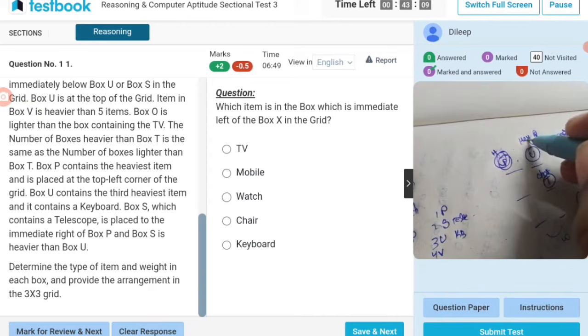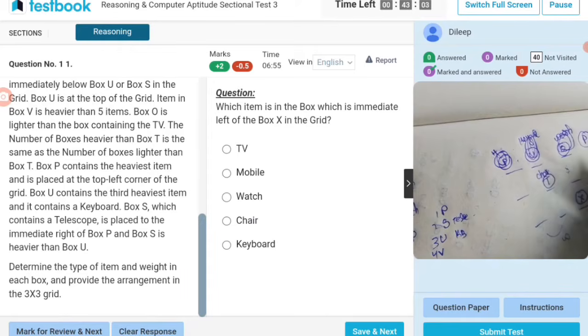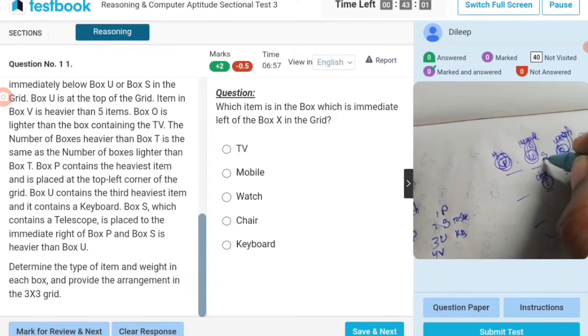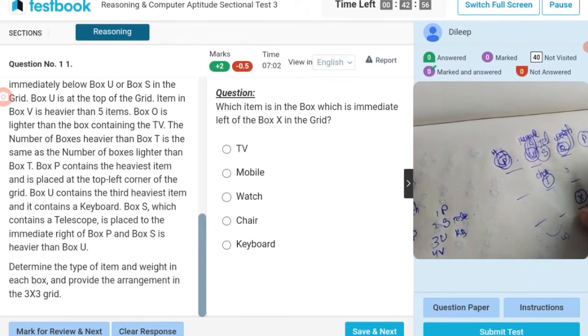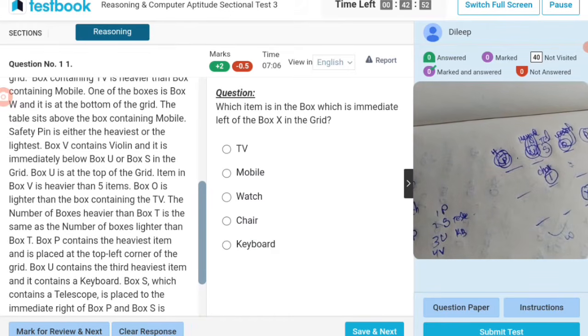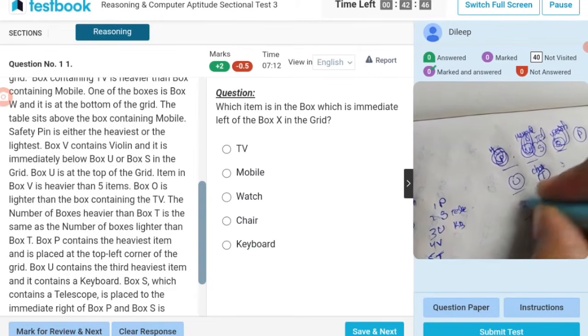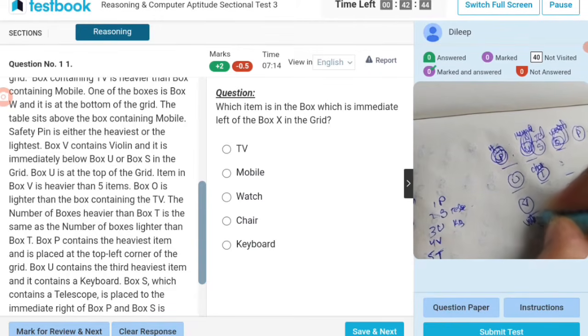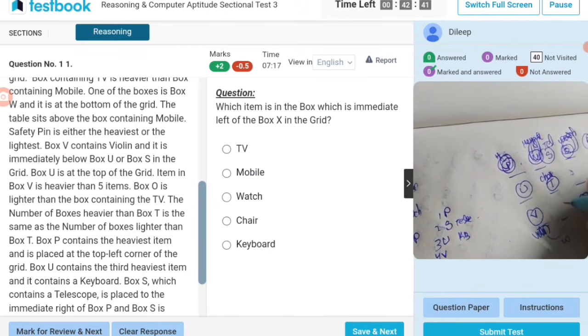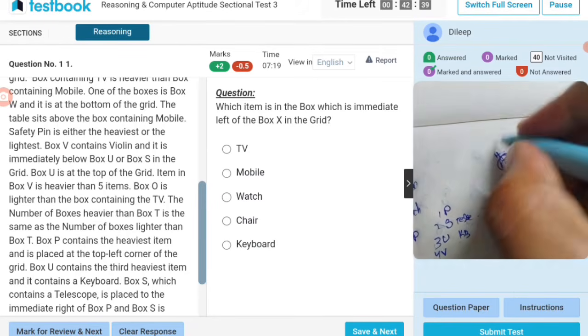So P and S, which is telescope, and U and V. Violin is immediately below S. So U is the top of the grid.